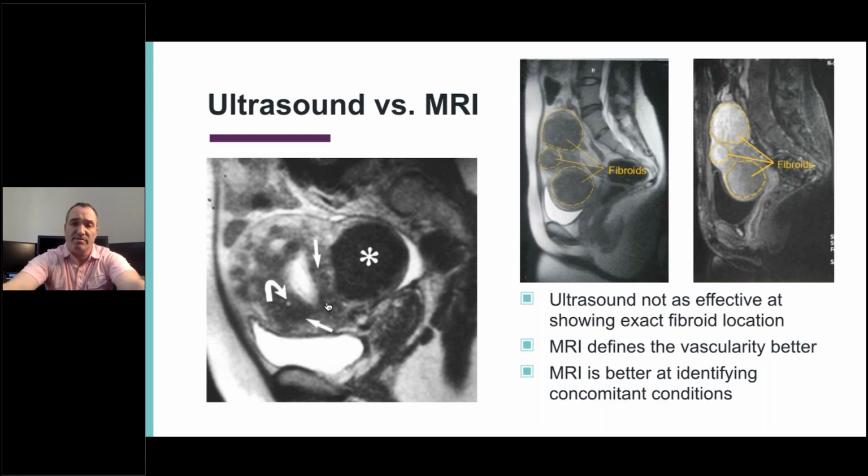It is the cousin of something we hear about all the time, known as endometriosis. So when we do an MRI to look at a uterus, we can identify all these problems, and that helps us determine whether or not the procedure is going to be effective.